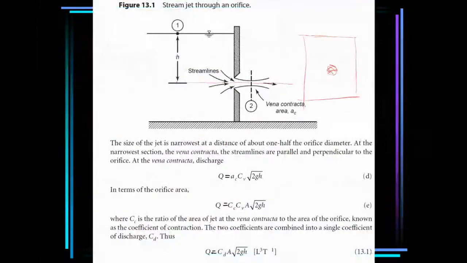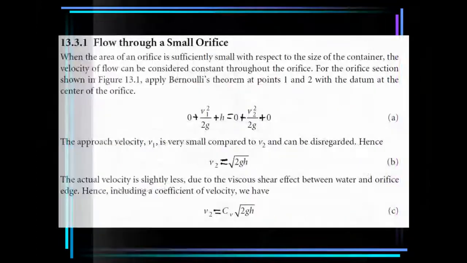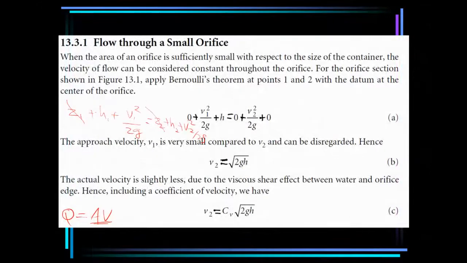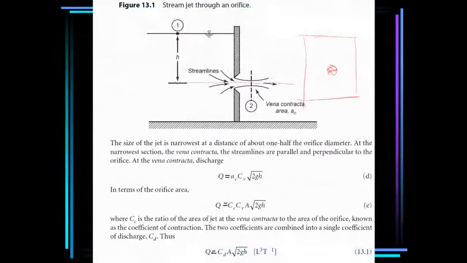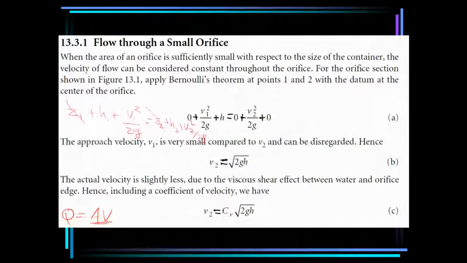The datum passes through points 1 and 2, so Z1 and Z2 are 0. Then we have H1, which is equal to H. And H2 compared to H1 is so small that it can be neglected.